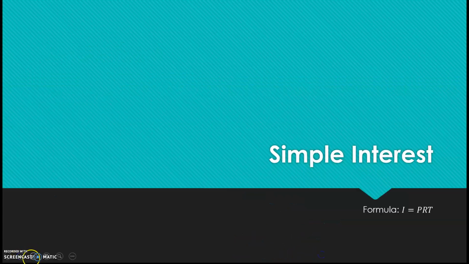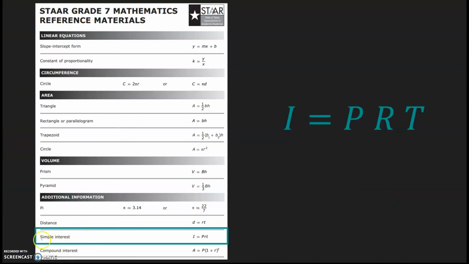Let's go ahead and dive into some examples. So simple interest, we do have a formula, and it's right here on our formula chart. At the bottom of the formula chart it says simple interest, I equals PRT. So the I stands for interest. The P stands for principal, which is what we just went over, which is your initial amount.